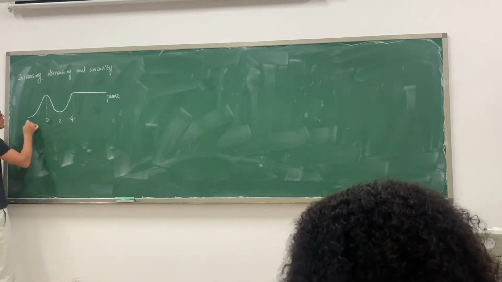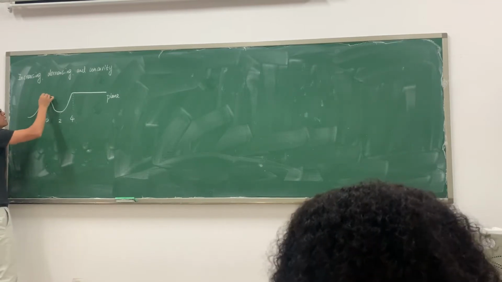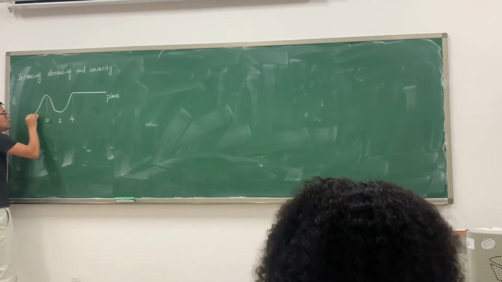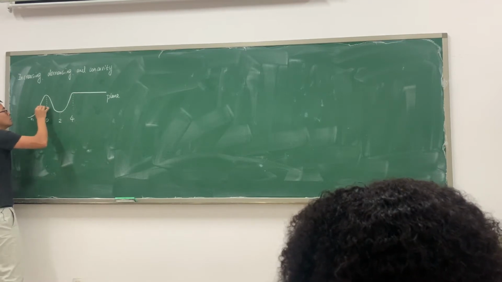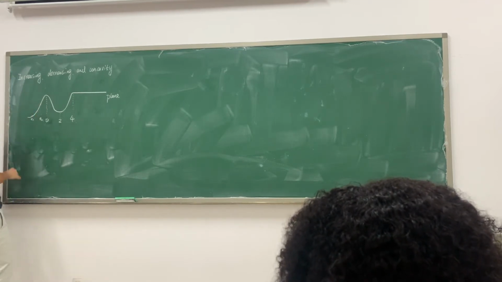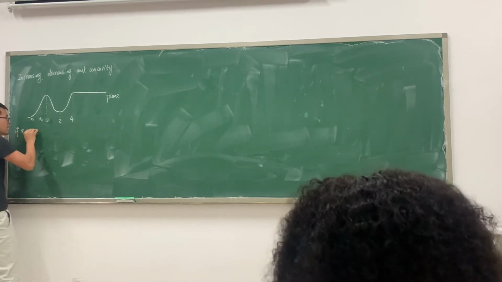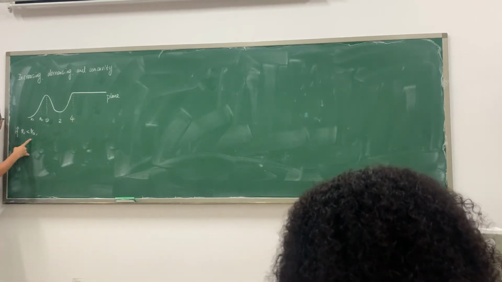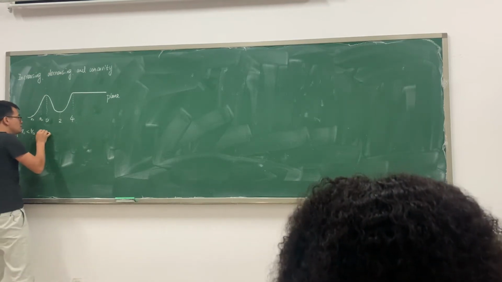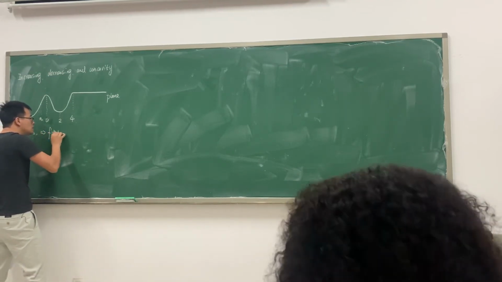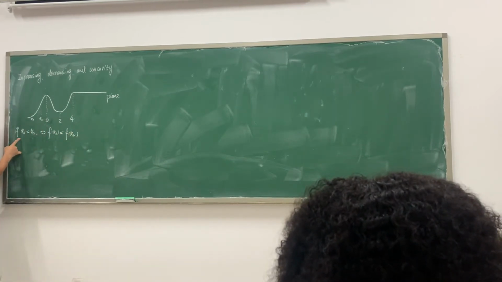From here we can see, in this increasing part, if here is x1 and here is x2, so we can see if x1 is less than x2 and the function is increasing, here it means f(x1) is less than f(x2), okay? So this part is increasing.